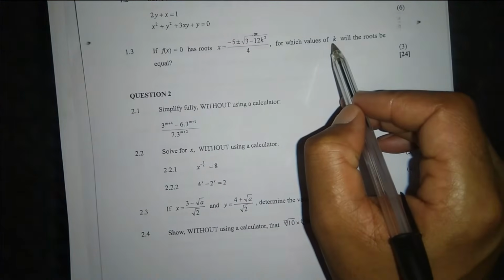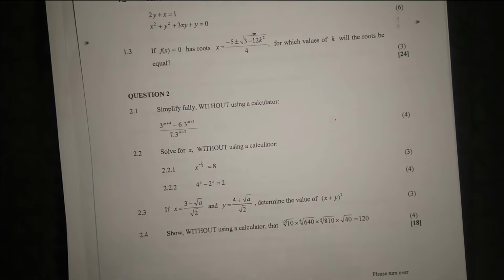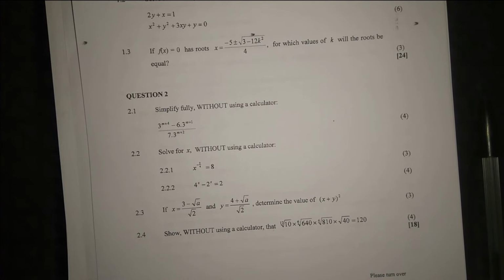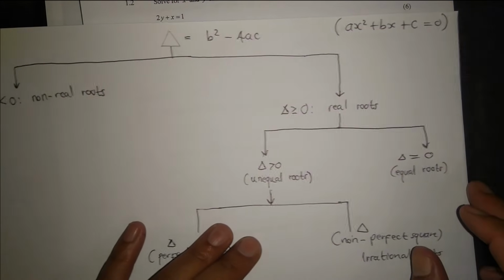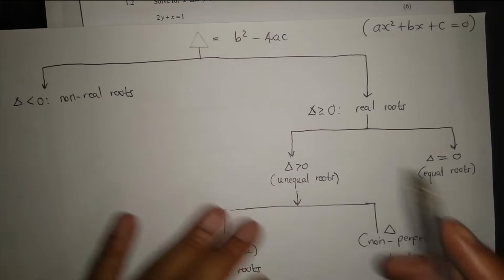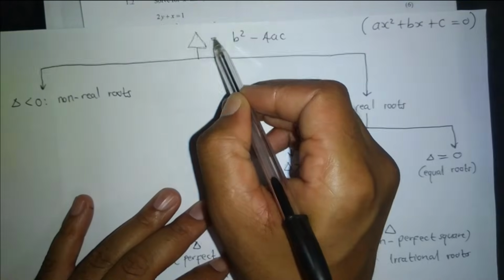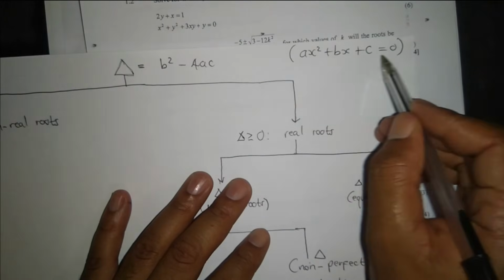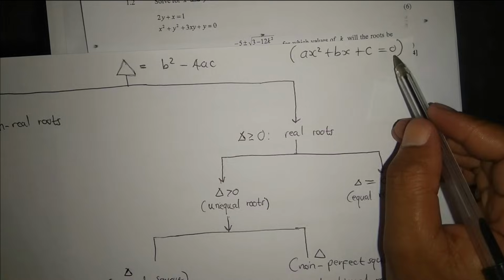For which values of k will the roots be equal? Here you must use the discriminant to answer this question. What is the discriminant? It's something you were taught in class called the nature of the roots. The discriminant is equal to b squared minus 4ac, from the standard form equation for quadratics.